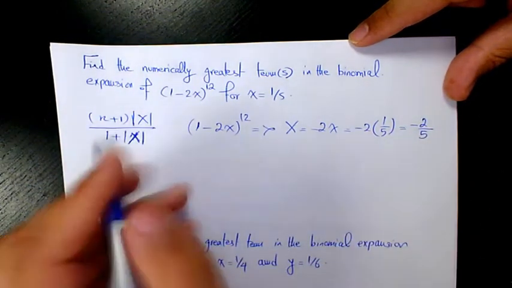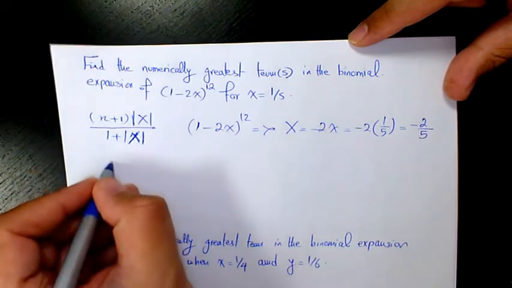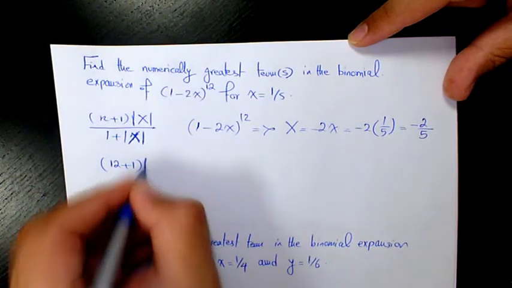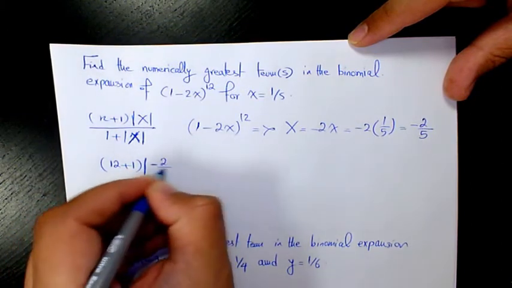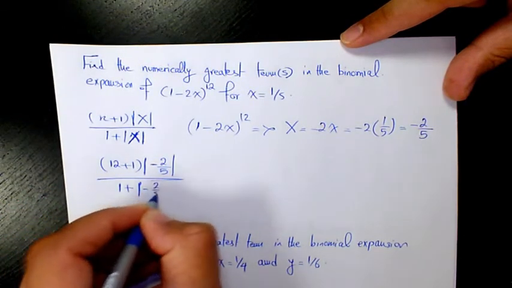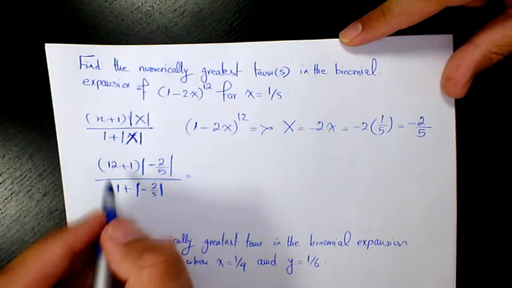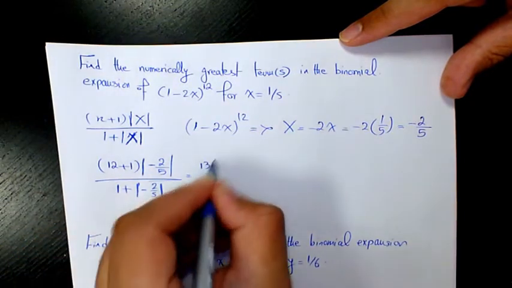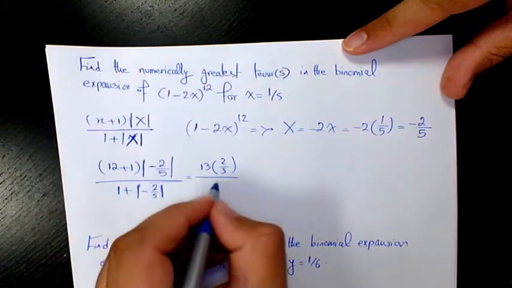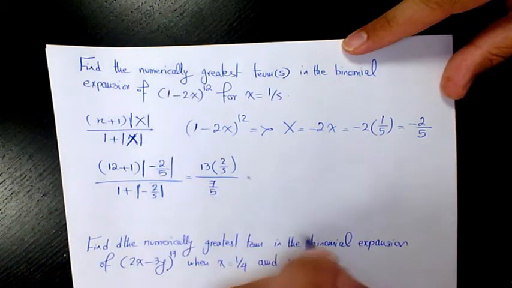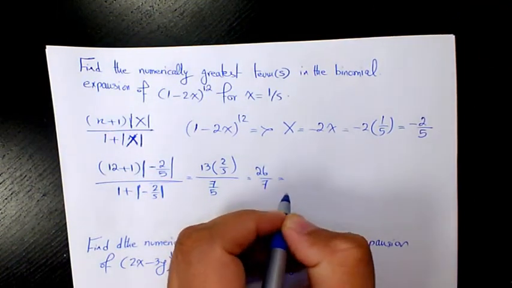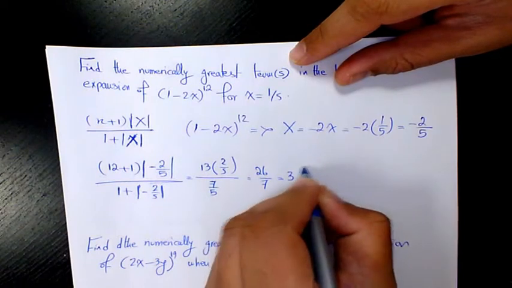Now when we substitute, n is 12, plus 1. The absolute value of capital X is 2/5, divided by 1 plus 2/5. So that's 13 times (2/5) divided by (7/5). That's 26/5 times 5/7, which is 26/7.